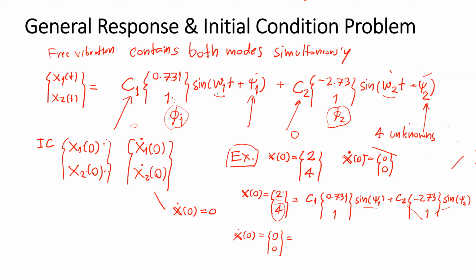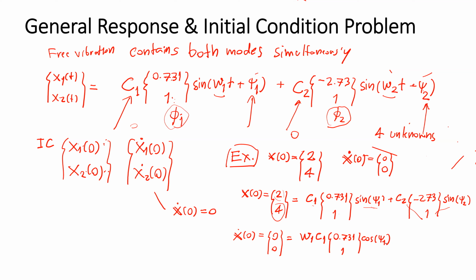We have the sine function of omega 1t. So by the first time derivative, we just have omega 1 multiplied by cosine omega 1t. The derivative of sine is cosine. So by obtaining the first time derivative, we have omega 1 C1 and cosine, right?